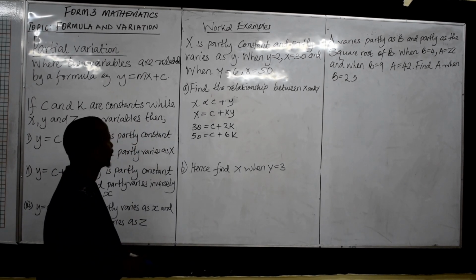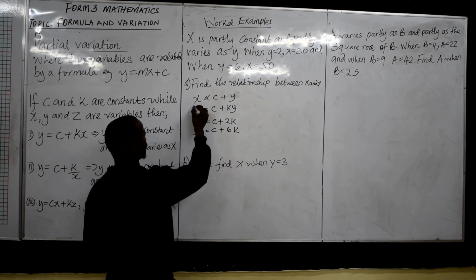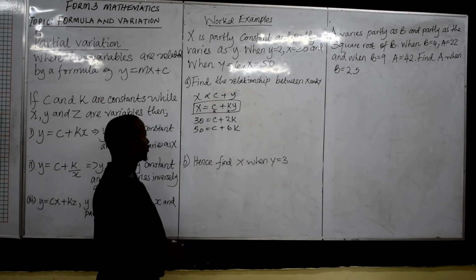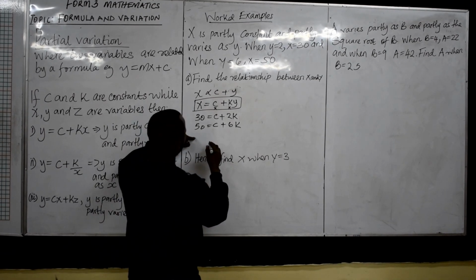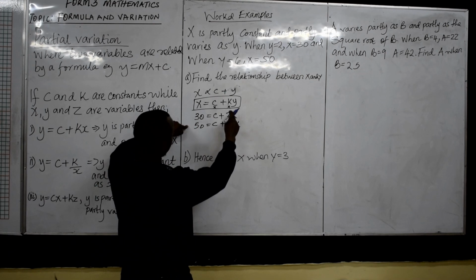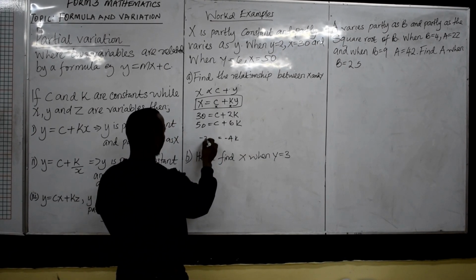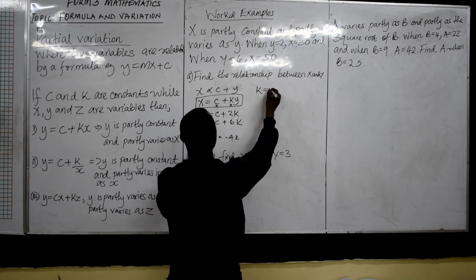Then we are told find the relationship between x and y. That means we need to work for this, get the constants, then substitute in that equation. So we'll have to solve this equation simultaneously. And in this case, if we subtract, we get negative 4k is equal to negative 20, which means k is equal to 5.